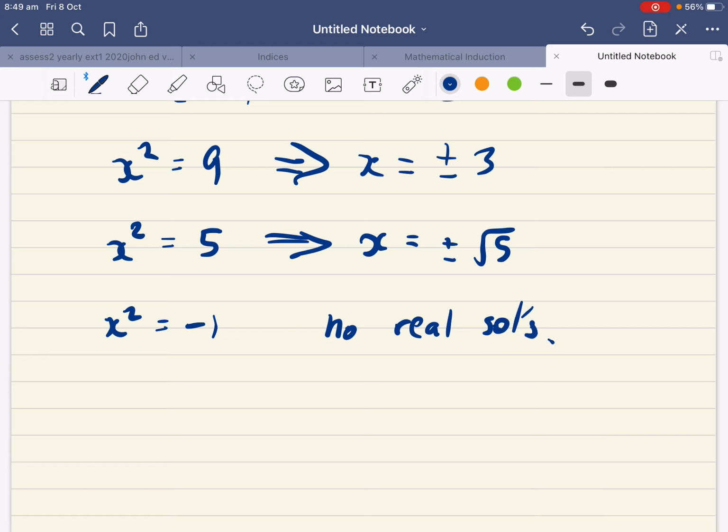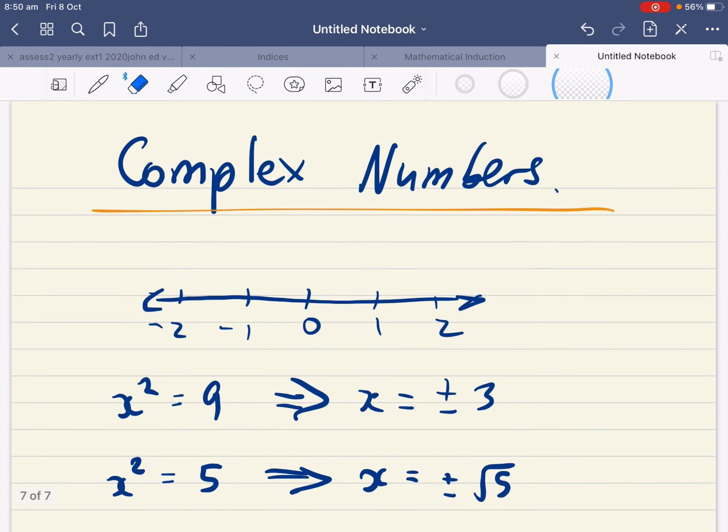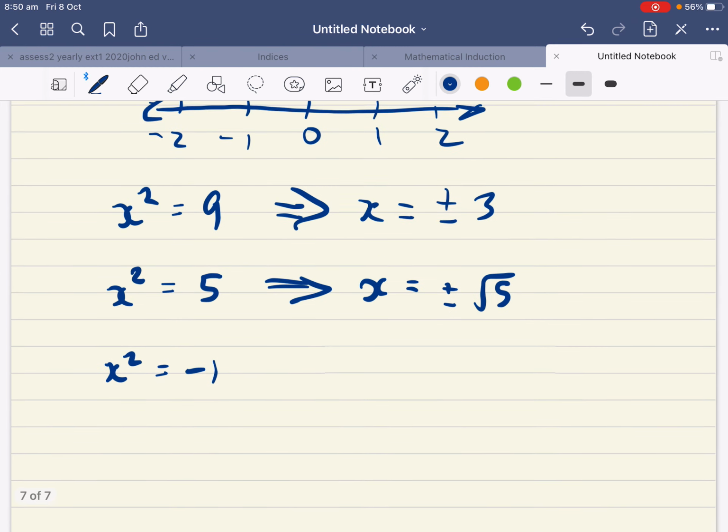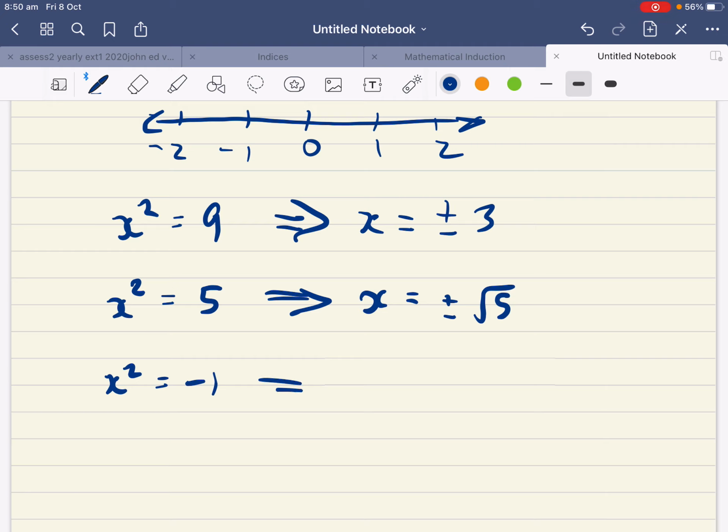The reason for that is, firstly, there are solutions, but they aren't any numbers that you've previously learnt. And that's where we need to go to what we call imaginary numbers. By the way, they're called imaginary numbers, but they are actual numbers. They're just a different type of number than what you've seen previously.